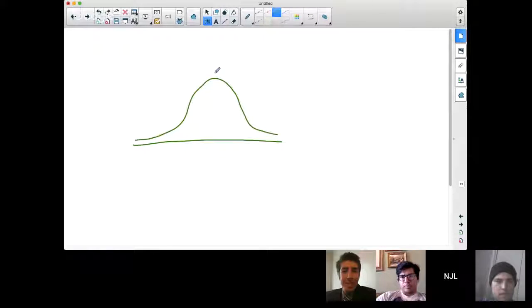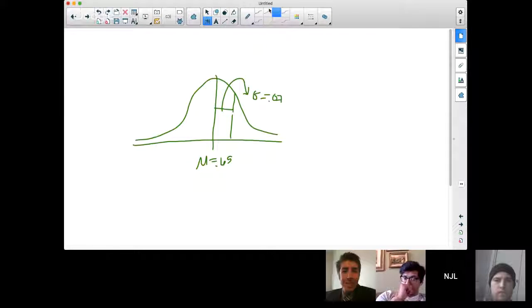You've got your mean. And you've got your standard deviation. And it's saying, okay, we want to understand what's this X value such that this area represents 35%.